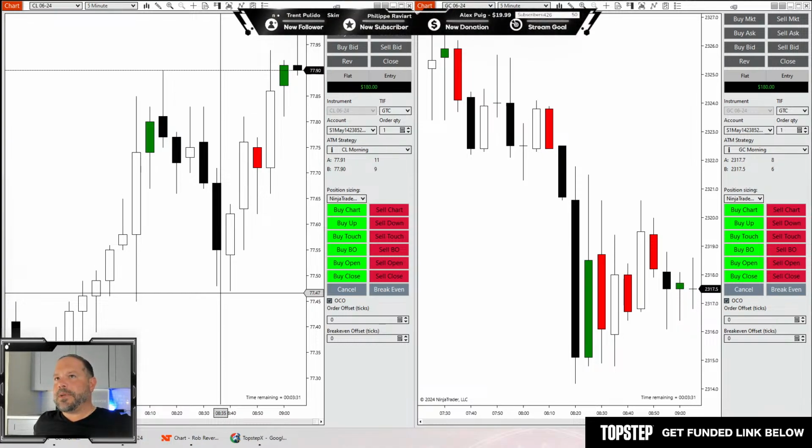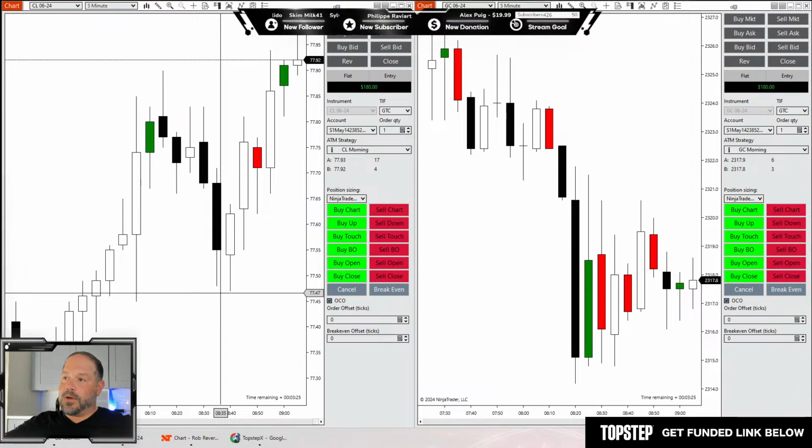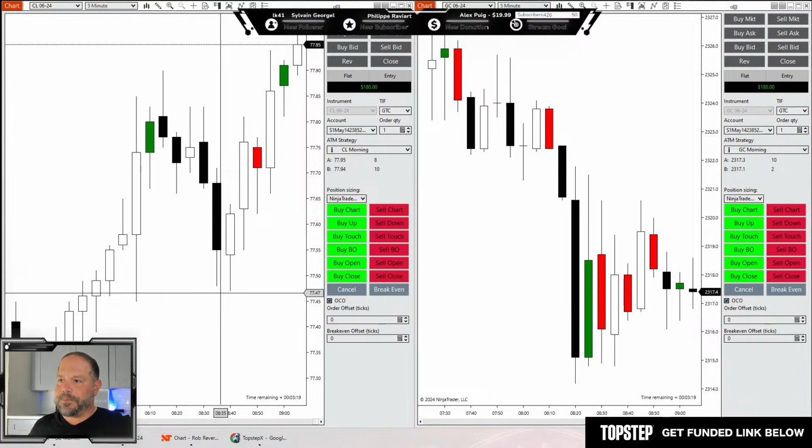Now, I know there's been some confusion on the site, where I have an area to download the oil strategy and an area to download the gold strategy. Those two strategies are the exact same because they're basically the exact same strategy. It's just two different time periods that I trade those.